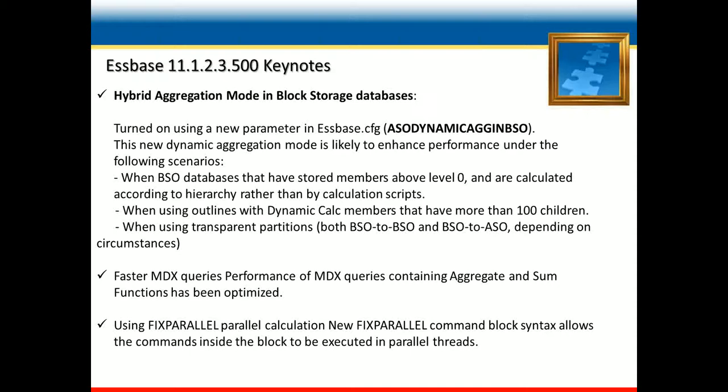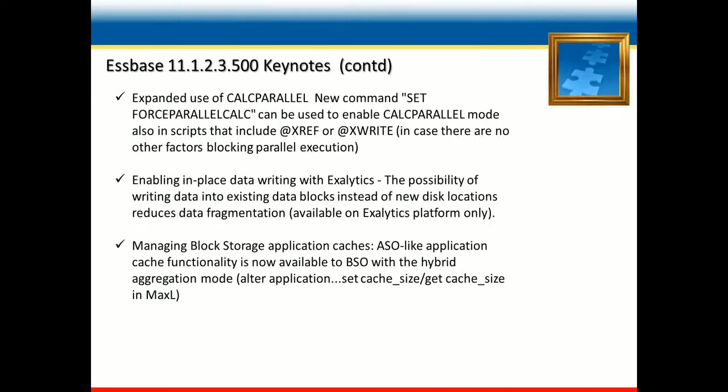The second is faster MDX query performance. The MDX queries containing aggregate and sum functions are optimized with this Patchset. Using fixed parallel calculation, the new FIXPARALLEL command block syntax allows the commands inside the block to be executed in parallel threads.